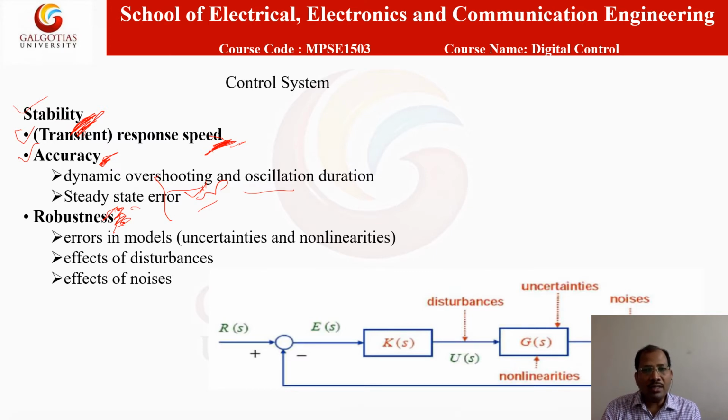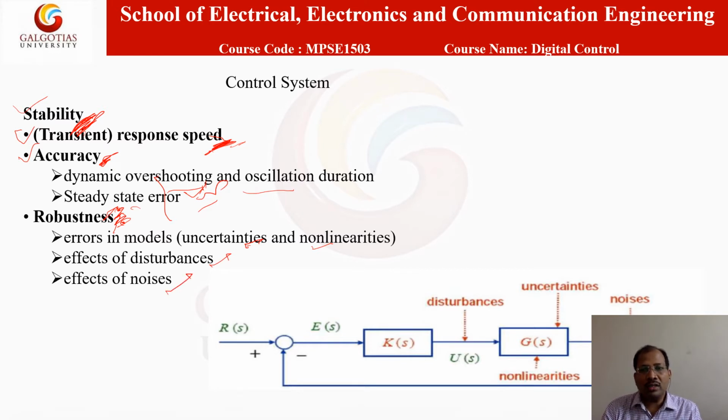Against these uncertainties and non-linearities, the effect on the system should be minimum. Errors in the model in terms of uncertainties and non-linearities should be minimum. The effect of disturbance and the effect of noise should also be considered.